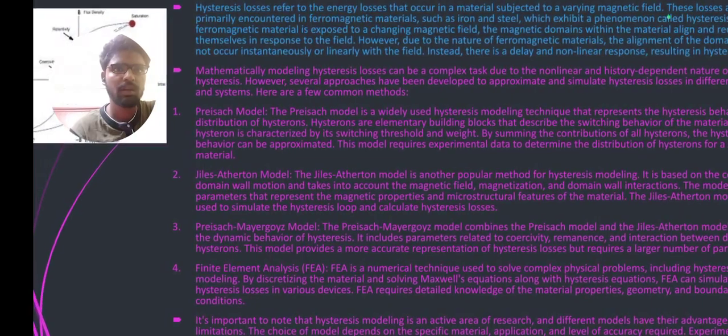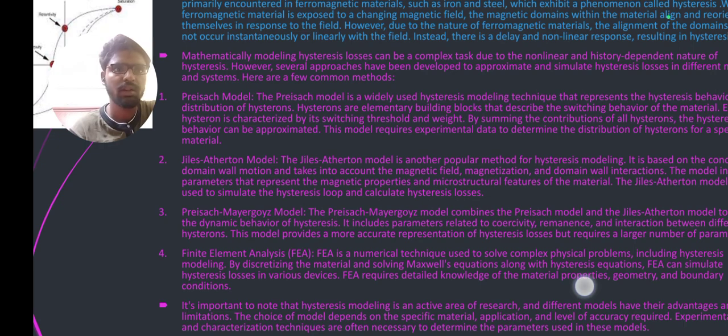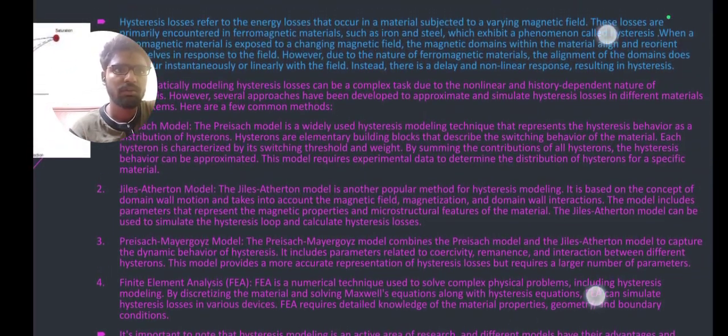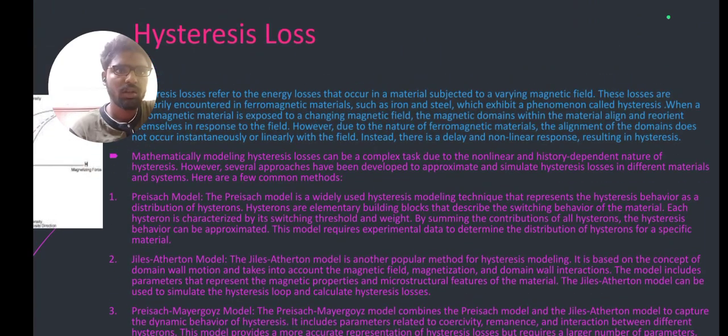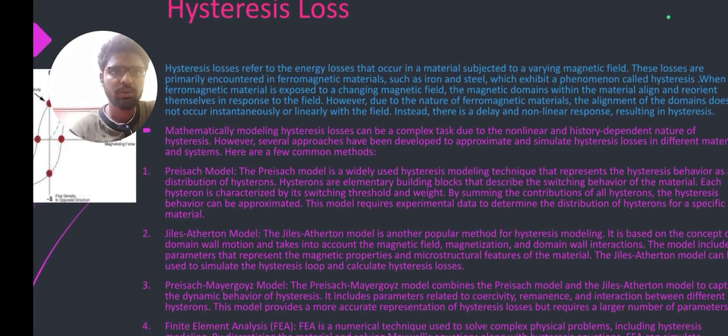When a ferromagnetic material is exposed to a changing magnetic field, the magnetic domains within the material align and reorient themselves in response to the field.